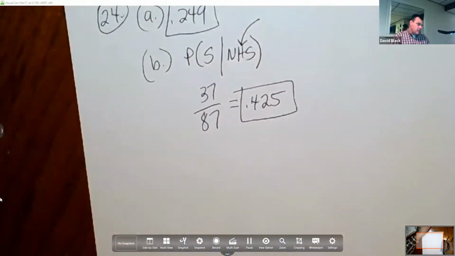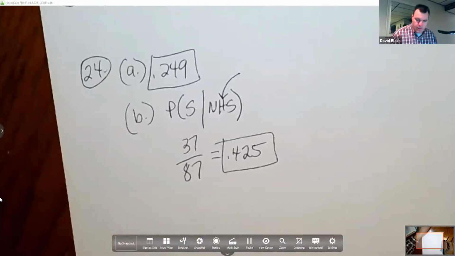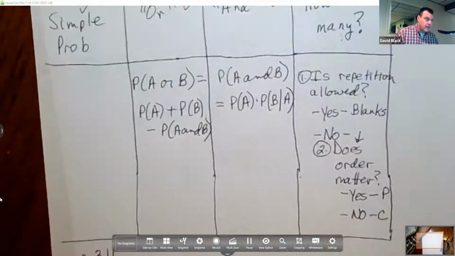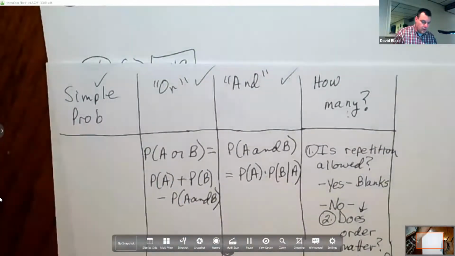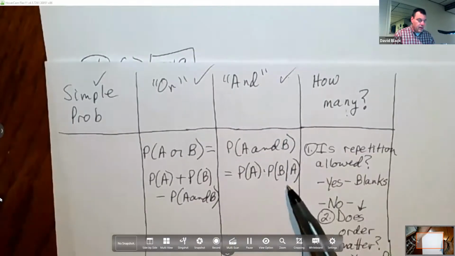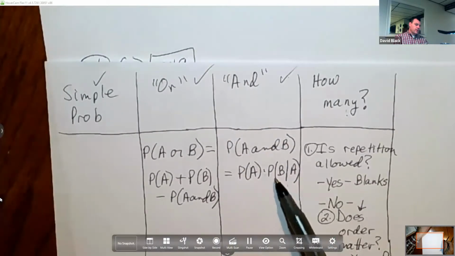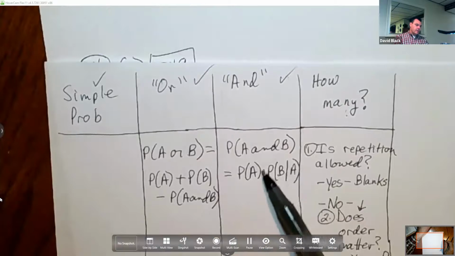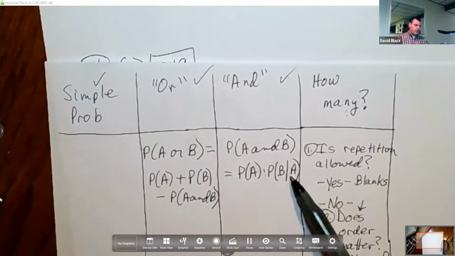So you might see one conditional probability. If you want to make a separate category in your little chart to help you with that, you can. Or you can just remember when you see that given that, we're talking about a problem that would be like this end part of the AND formula.